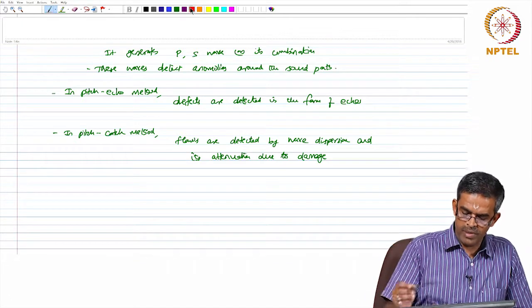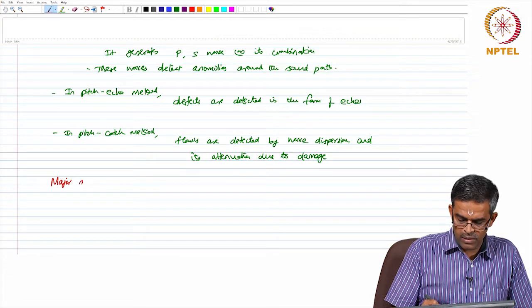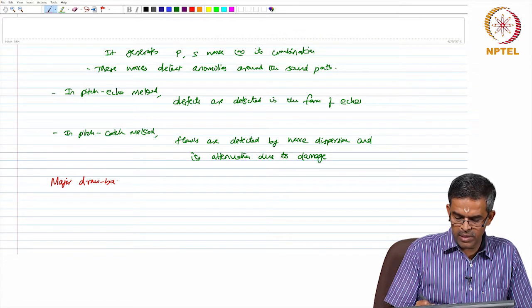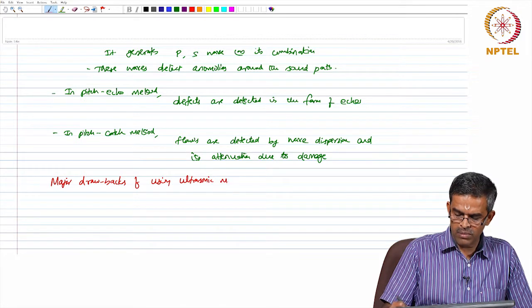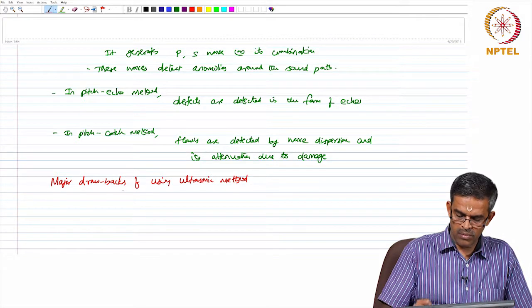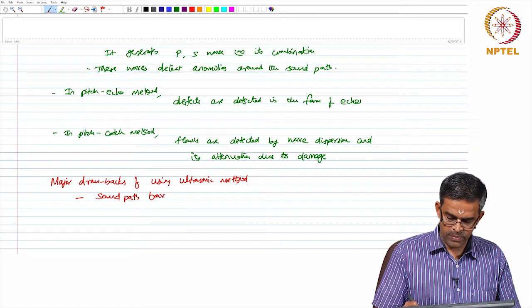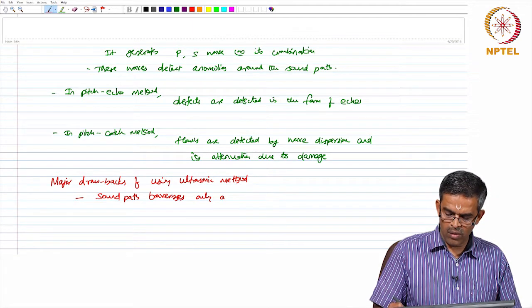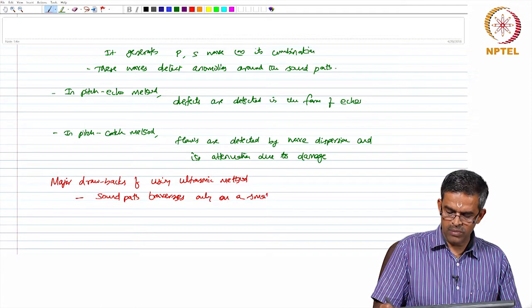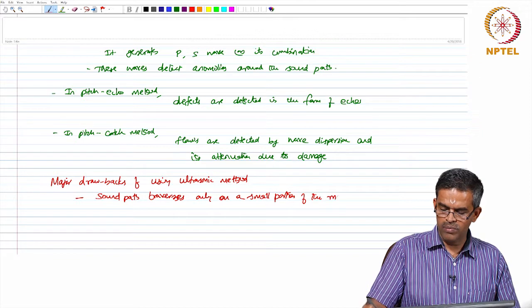Now, these methods have a major drawback. Let us see what are the major drawbacks of using ultrasonic method. The sound path traverses only a small portion of the material volume.